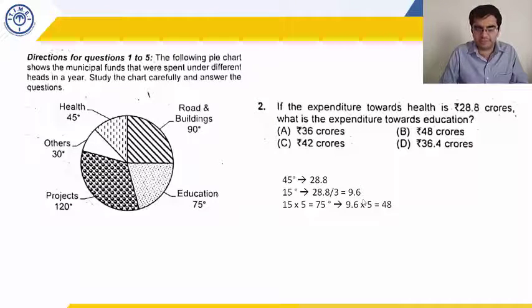That's 9.6 into 5. So that's 48 CR. It's choice number B. Some of you might have done it by a longer route. It's fine. But please look at this one carefully because you can then do this orally. You don't even need to put pen on it.